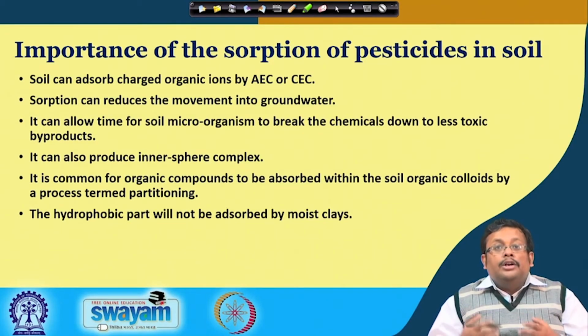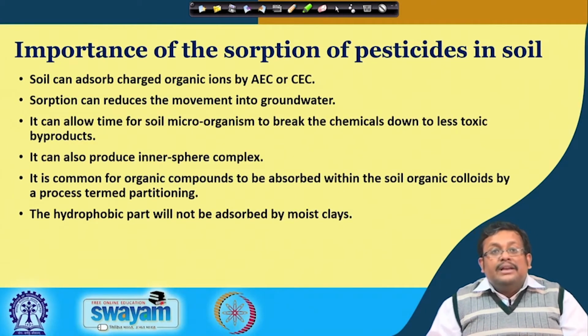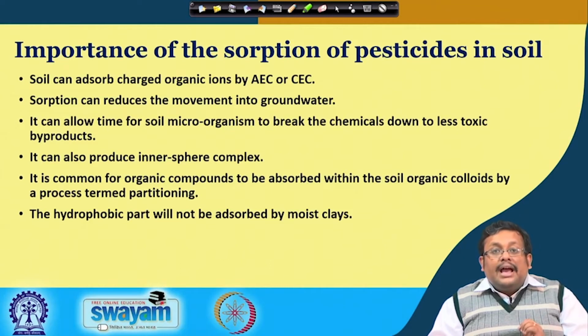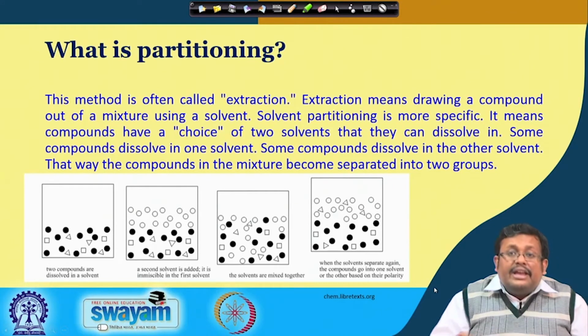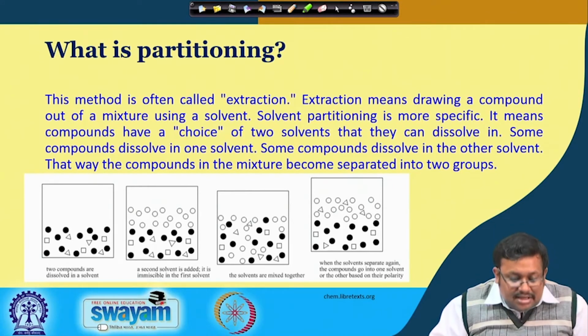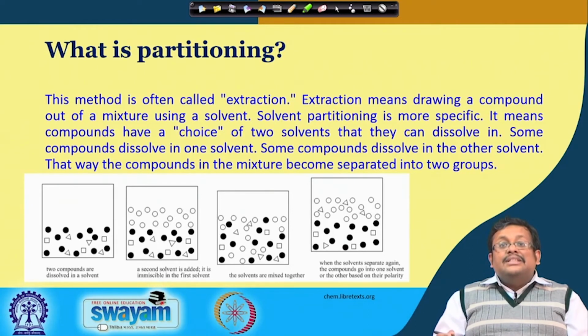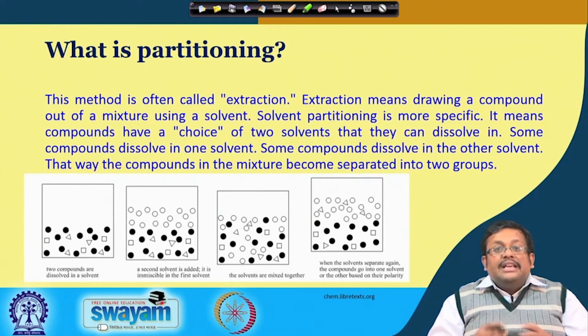It is common for organic compounds to be absorbed within the soil organic colloids by a process called partitioning, and the hydrophobic part will not be adsorbed by the moist clays. Now, what is partitioning? This is a very good picture of the partitioning process. This method is also known as the extraction method. Extraction means drawing a compound out of a mixture using a solvent.